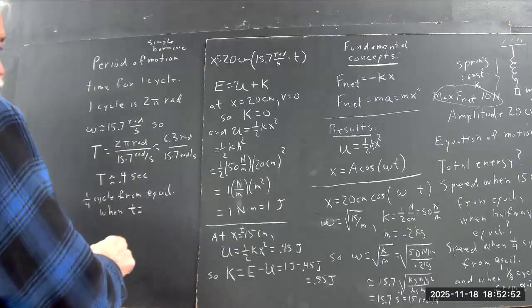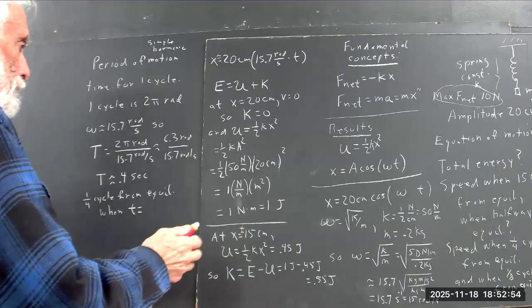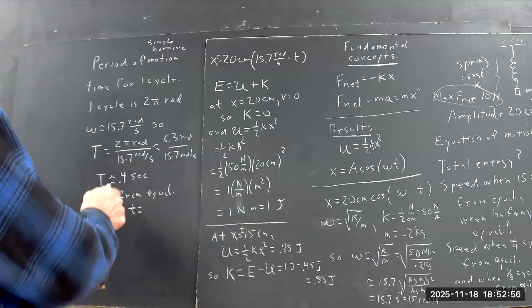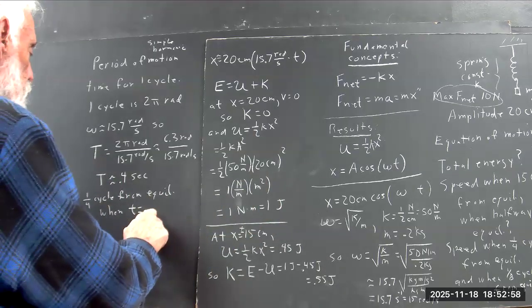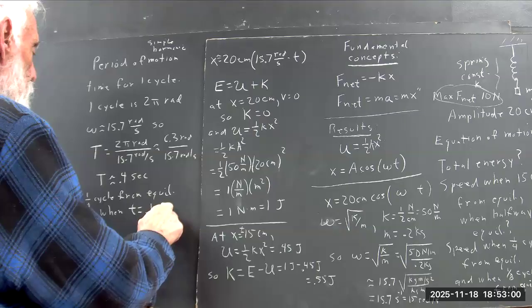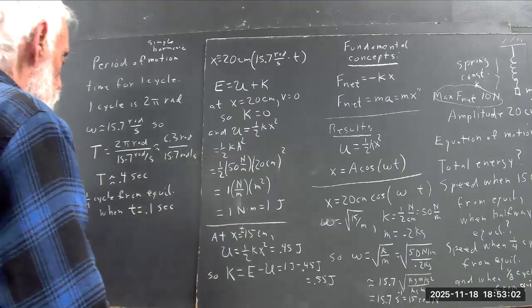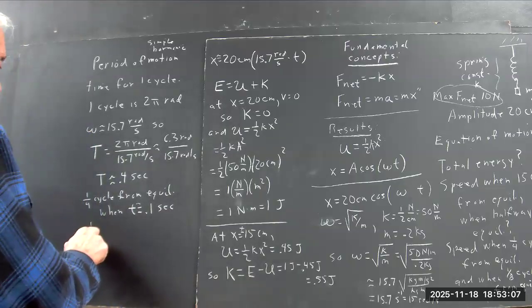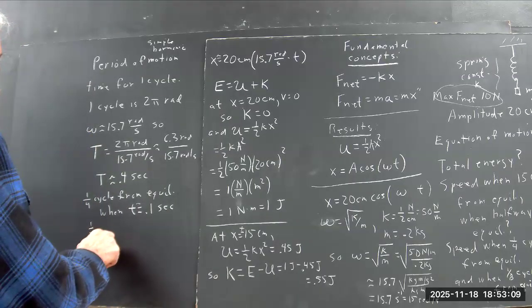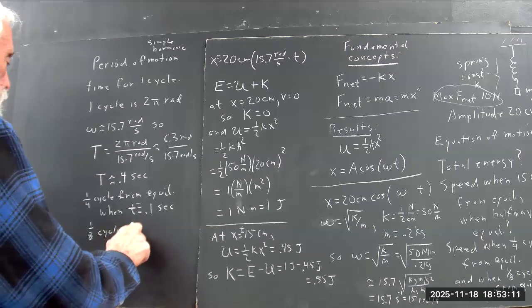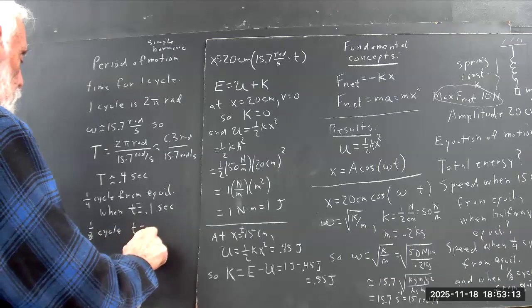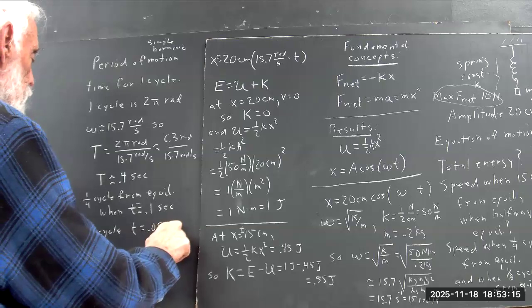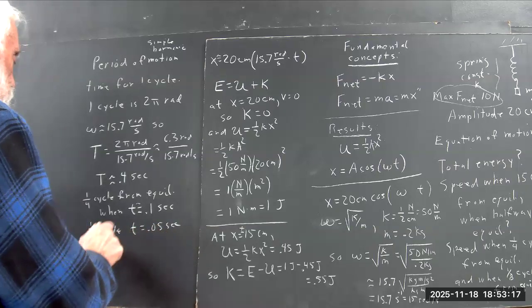Well, the period is 4/10 of a second, so a quarter cycle is approximately 0.1 second. An eighth of a cycle, T equals 0.05 second.